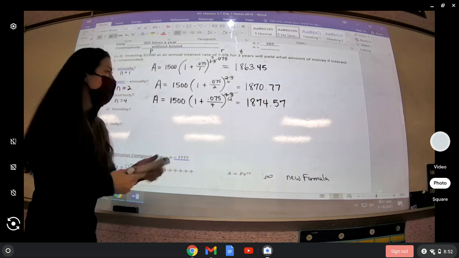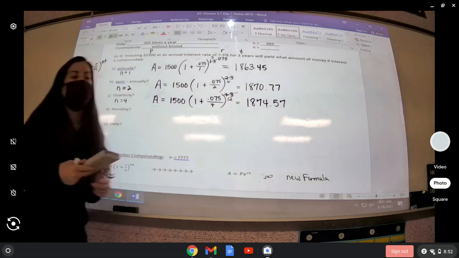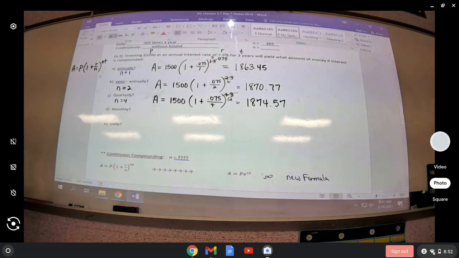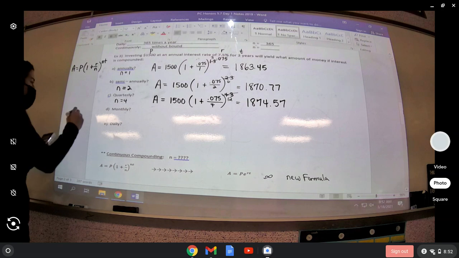And each time you make a little bit more money compared to the last one. As they're going to compound more, you're going to make a little bit more money.